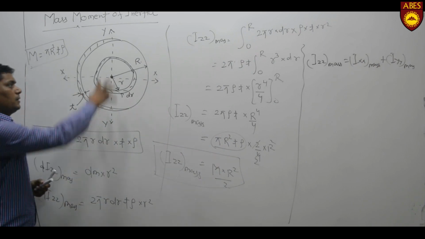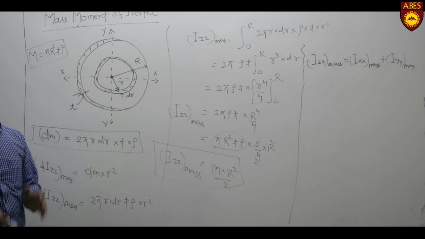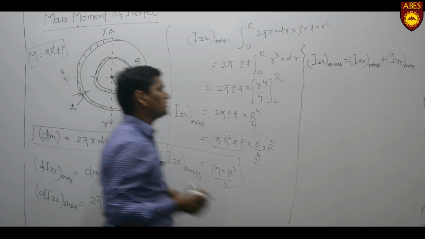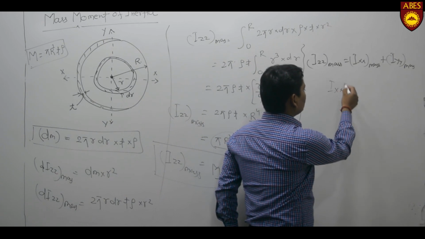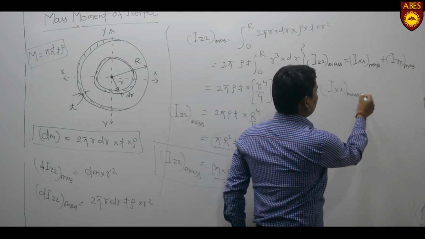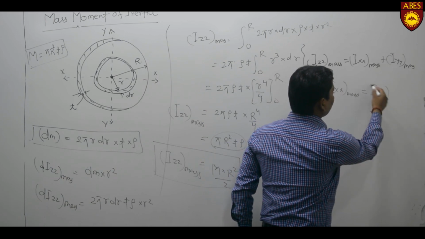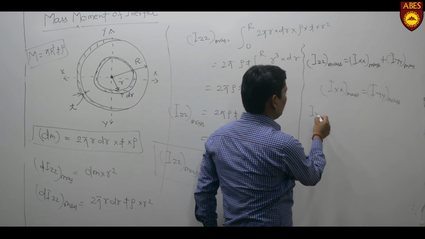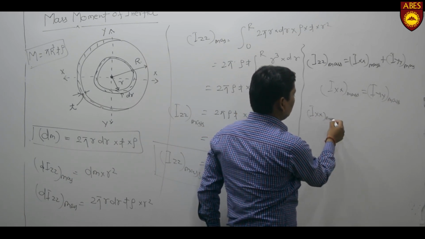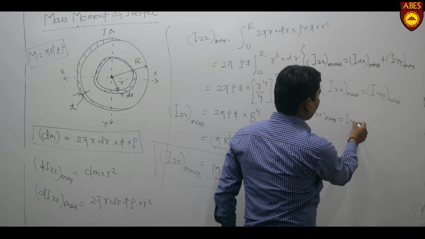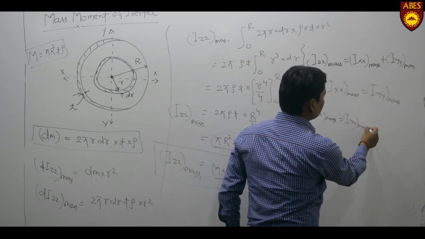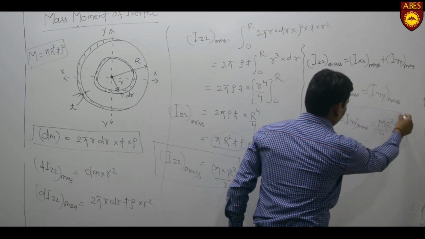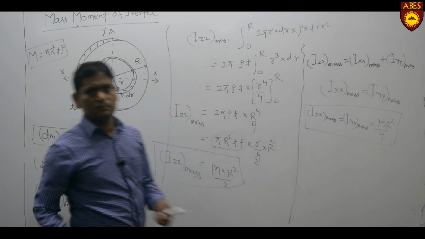We know that the plate is symmetrical about the x axis and y axis, so the values will be the same: Ixx mass equal to Iyy mass. Then we get Ixx mass equal to Iyy mass equal to M R square by 4. Thank you.